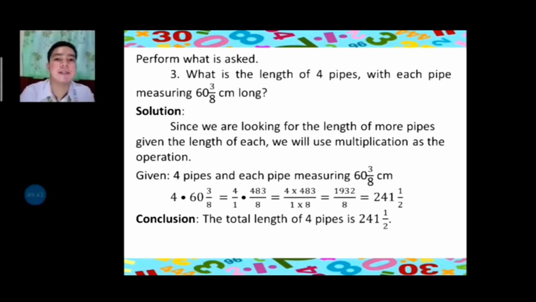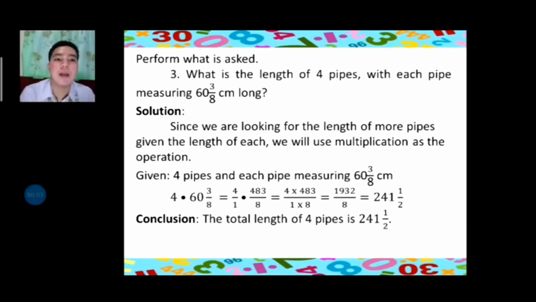How about this one? What is the length of 4 pipes with each pipe measuring 60 and 3/8 centimeters long? So since we are looking for the length of more pipes given the length of each, we will use multiplication as the operation.